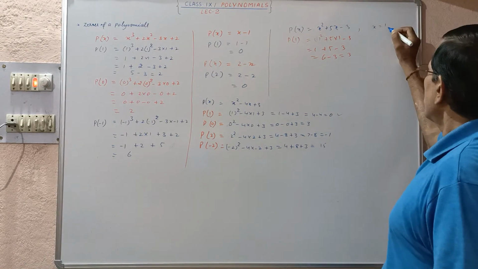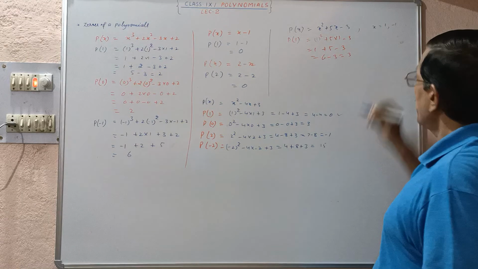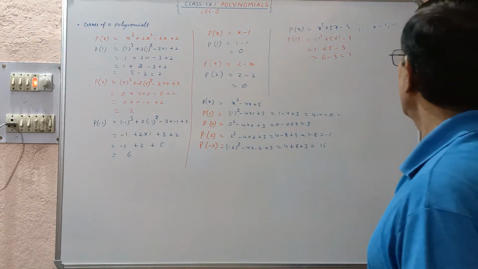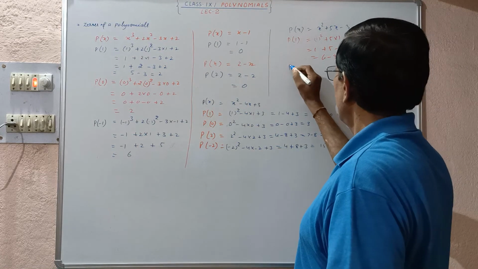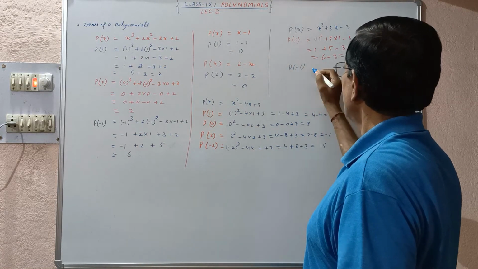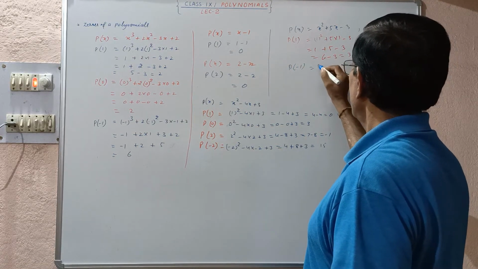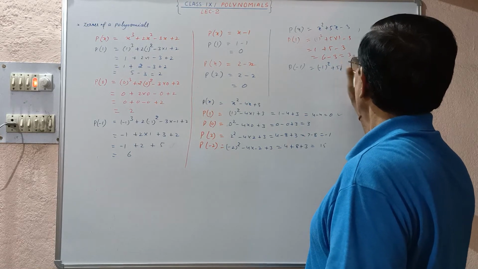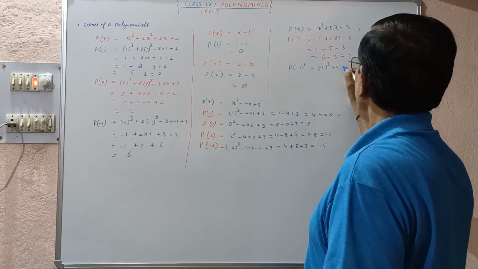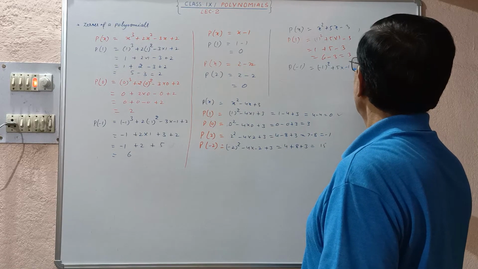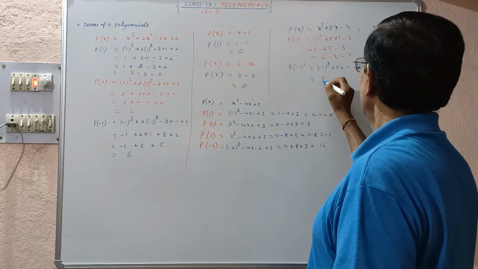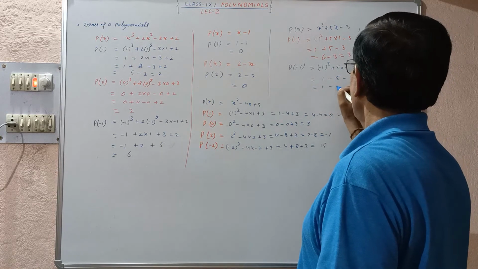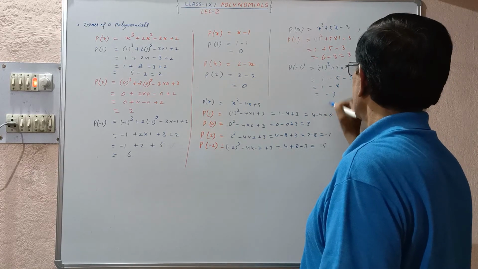Now I want to check, is x equal to minus 1 a zero of this polynomial? So let us find p(minus 1). p(minus 1) will be minus 1 squared plus 5 into minus 1 minus 3. That means 1 minus 5 minus 3, that means 1 minus 8, that is equal to minus 7.